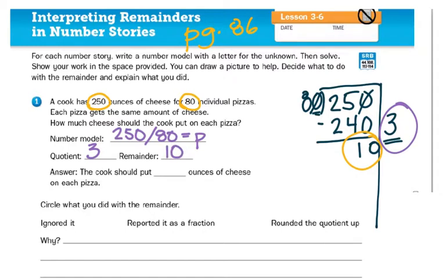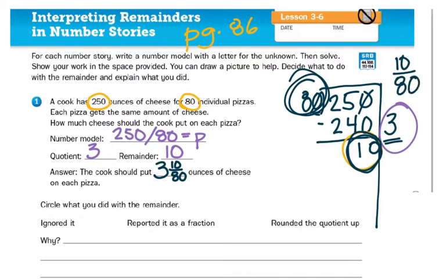So what should the cook do? Well, the cook should put 3, and then I'm going to take the 10 ounces left over and divide it among the 80 pizzas. We don't want to just leave the extra. We can put a little extra on each. So we're going to put 3. The remainder goes on the top of the fraction, and our divisor goes on the bottom.